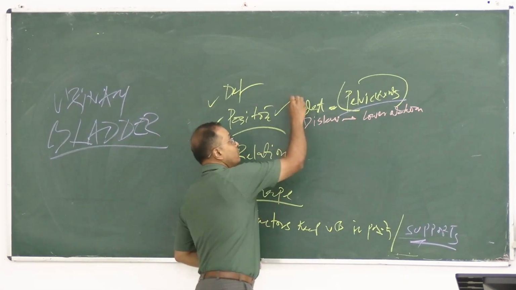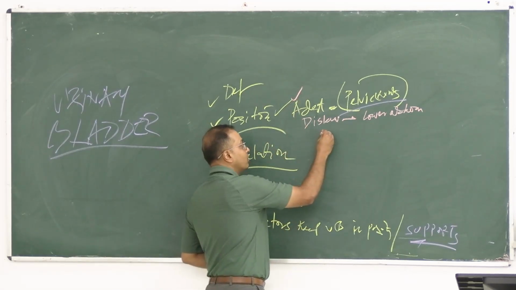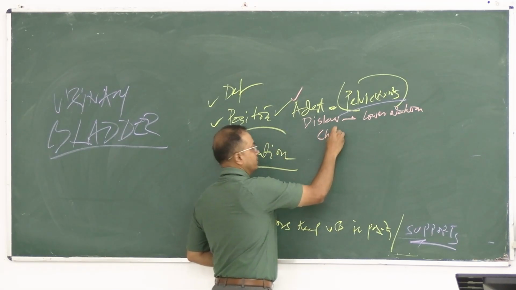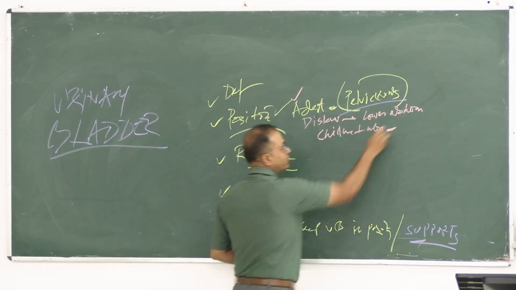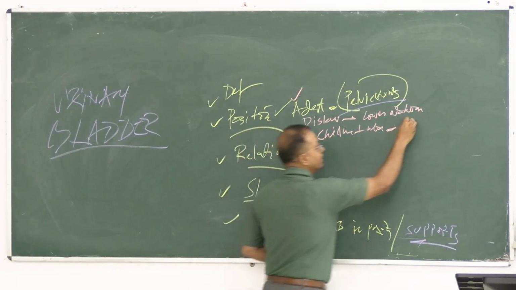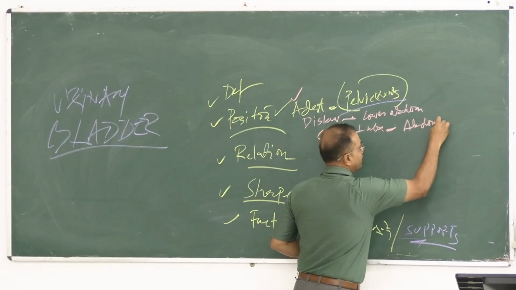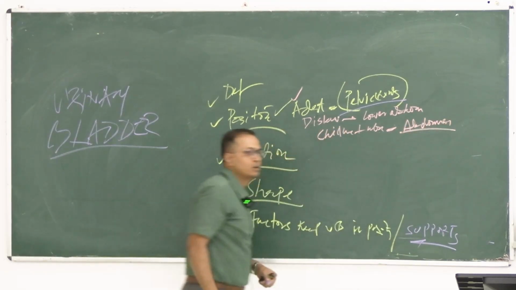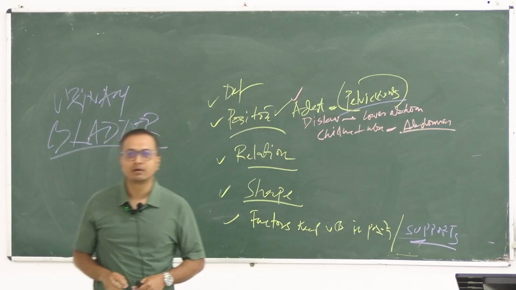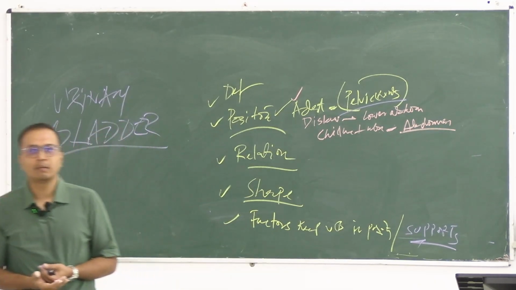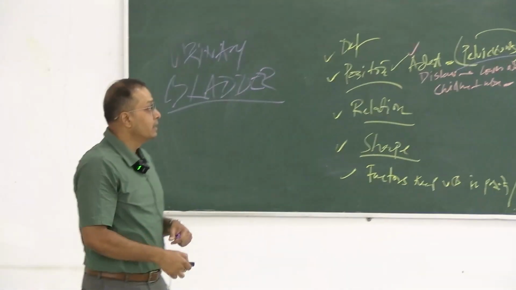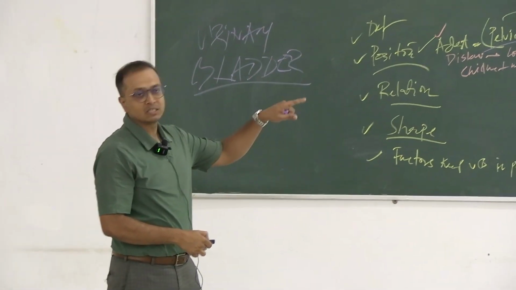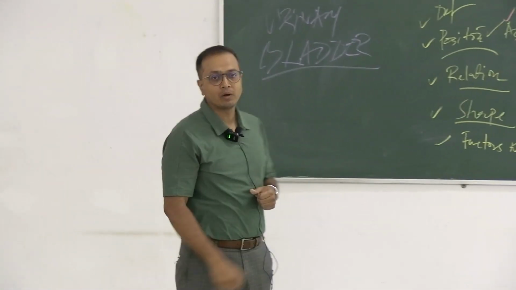Now, that is in the adult. Whenever we talk about children or infants, the urinary bladder is lying in the abdomen. So, in an infant or child, if you are examining a patient, the urinary bladder is present above the symphysis pubis, in the abdomen or lower abdomen.